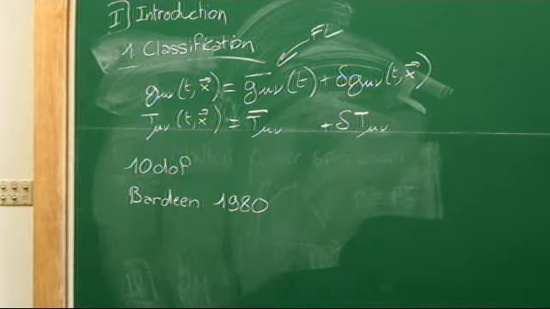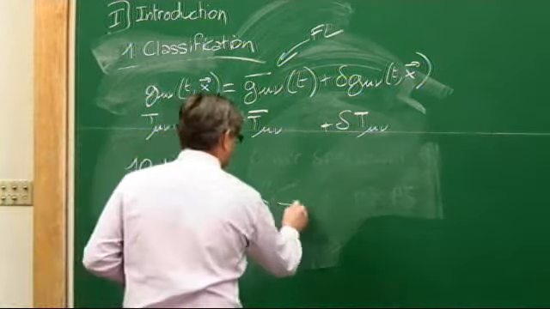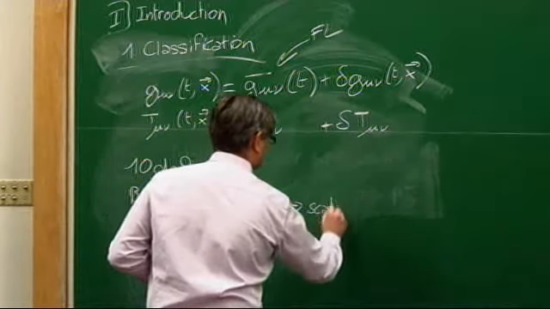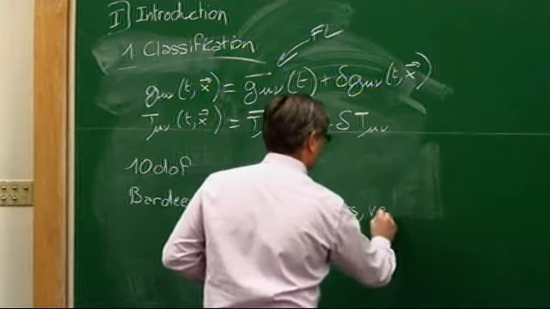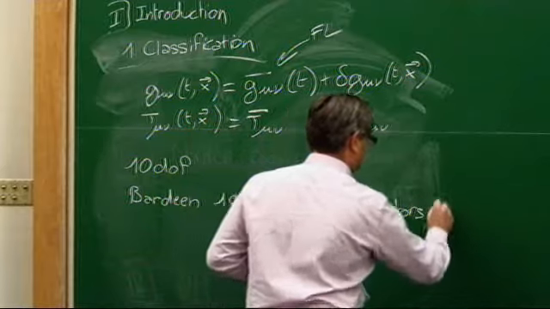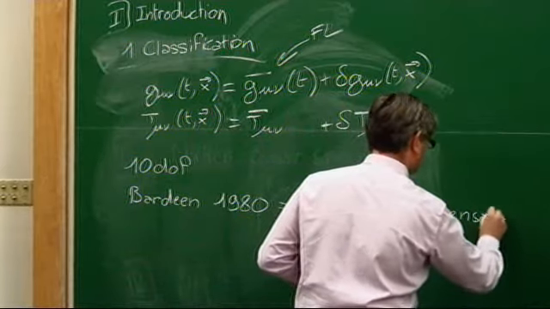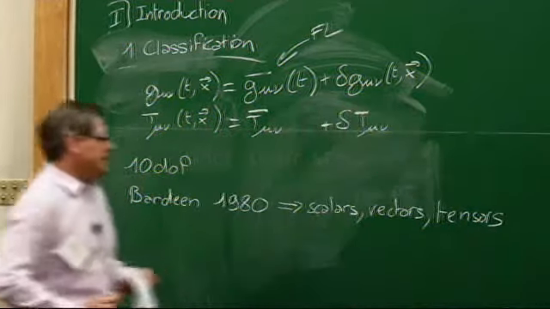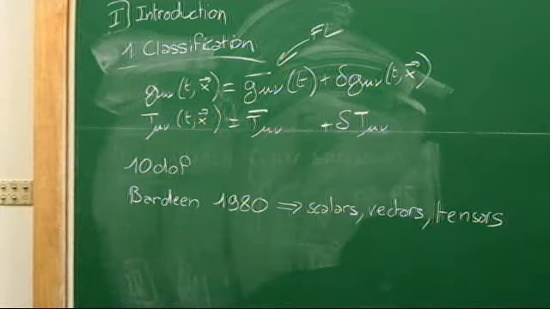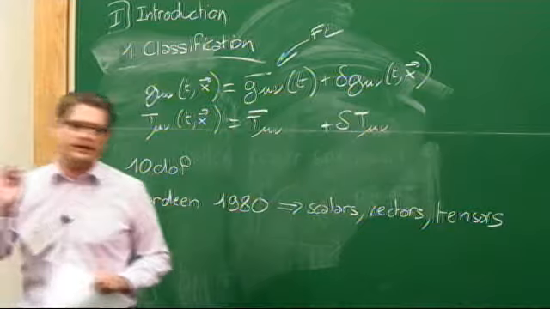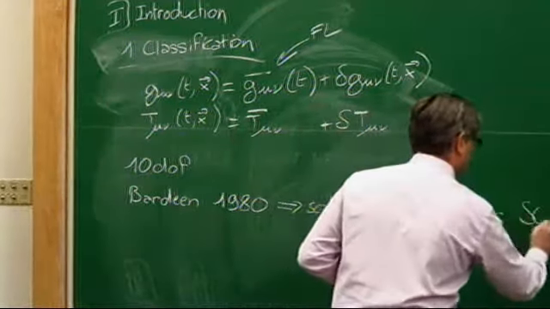Bardeen showed how to decompose these two tensors into scalars, vectors, and tensor modes. And here scalar, vector, and tensor are to be understood with respect to three-dimensional spatial rotation, so under SO(3).